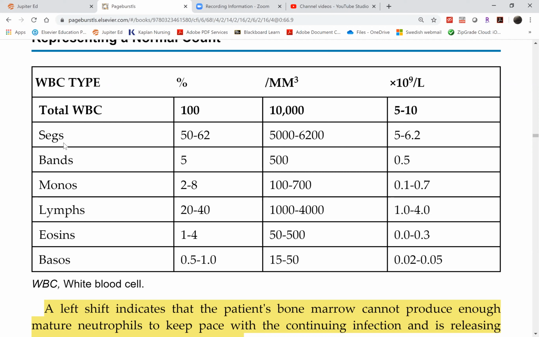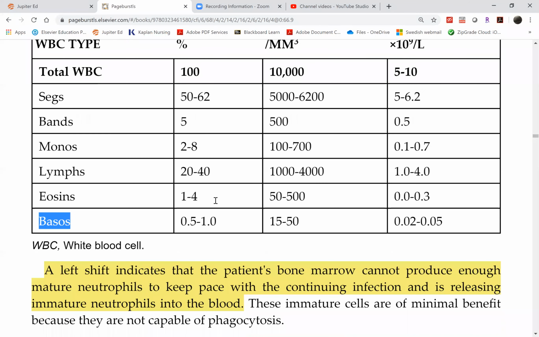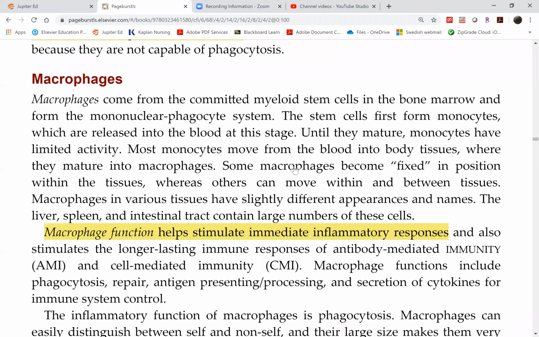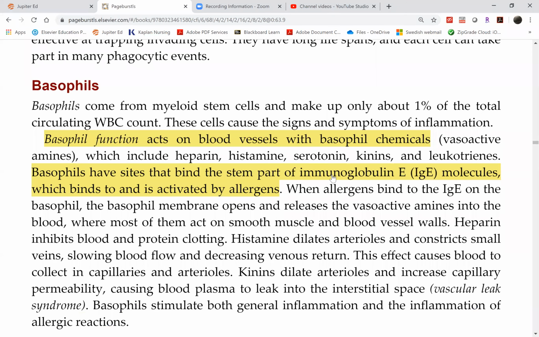So those are neutrophils, and then the other types of white blood cells are monocytes, lymphocytes, eosinophils, and basophils. Each of them has a different function. Look here, for instance, basophils. What are they used for? When are they activated? In what type of infection?